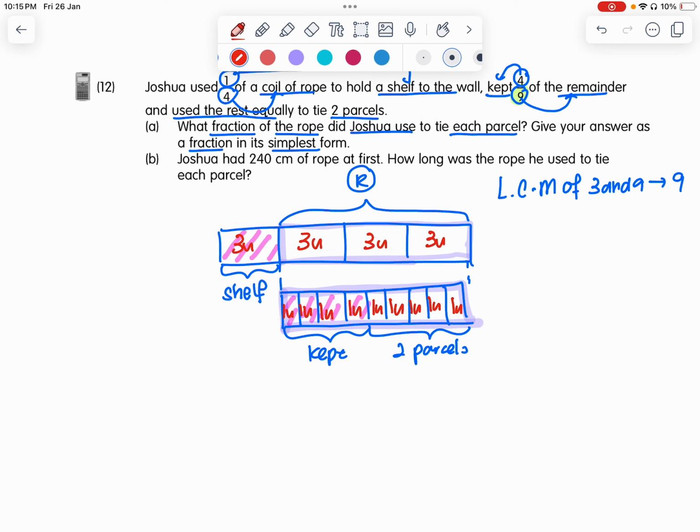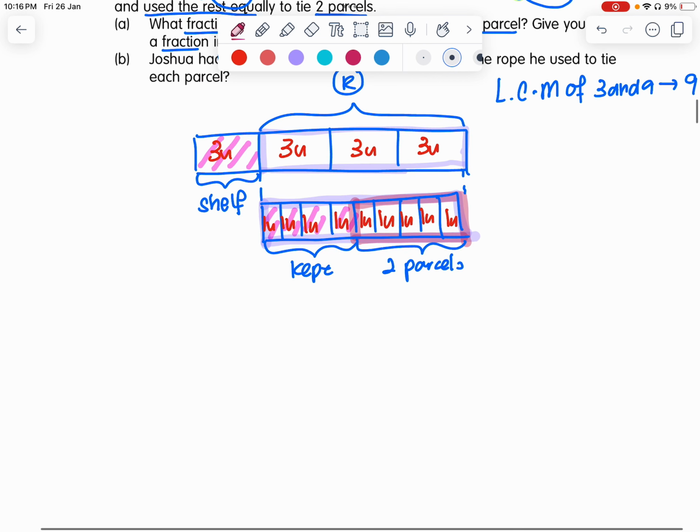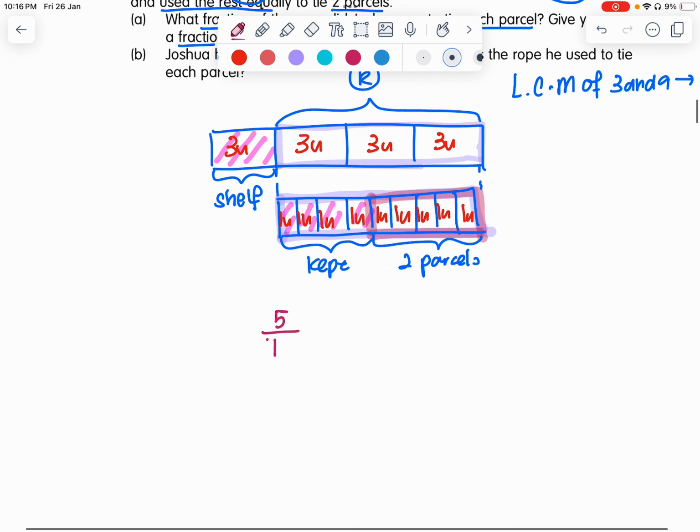Now to answer the question, what fraction of the rope did Joshua use to tie each parcel? If I'm just looking at this part here, which is the one I highlighted, the fraction for this is actually 5 out of 12, and this was meant for 2 parcels. You cannot just say it is 5 units, because then you're telling me it's 5 wholes, which is not.